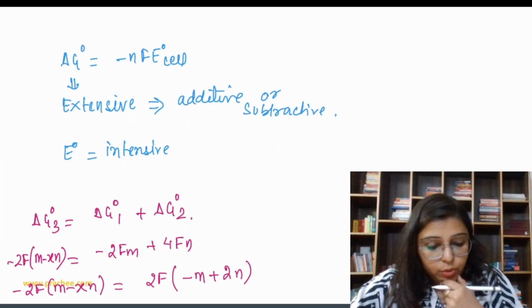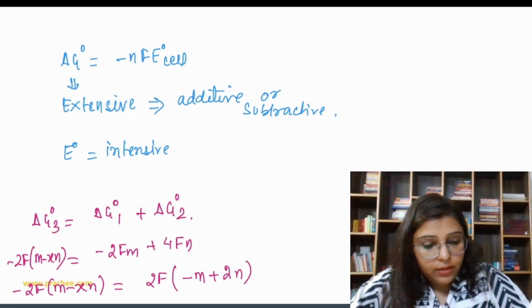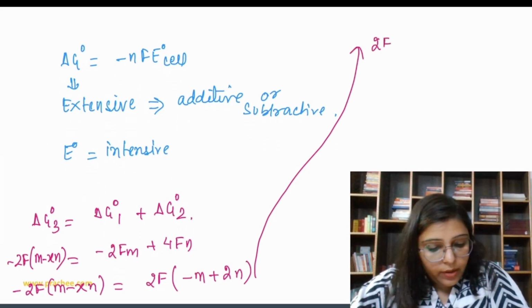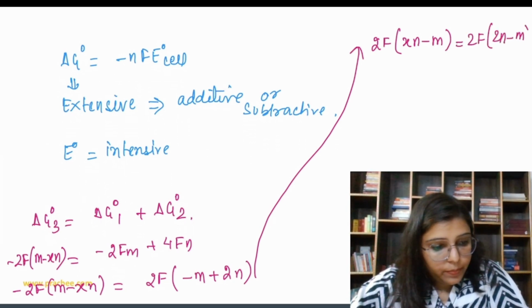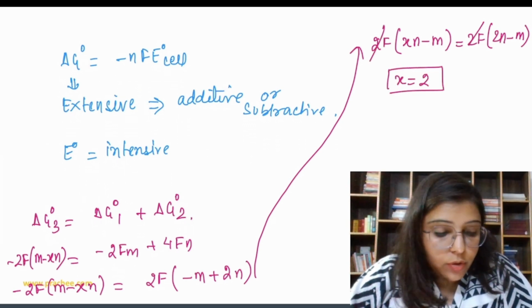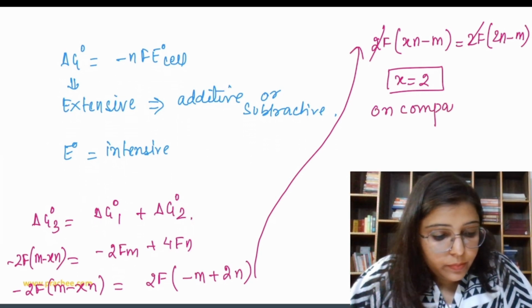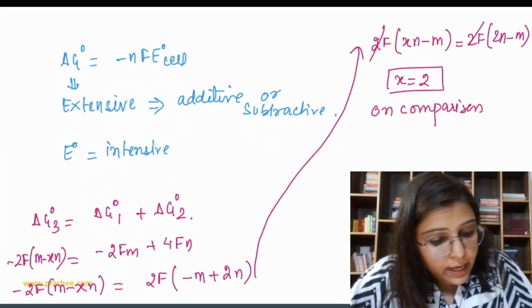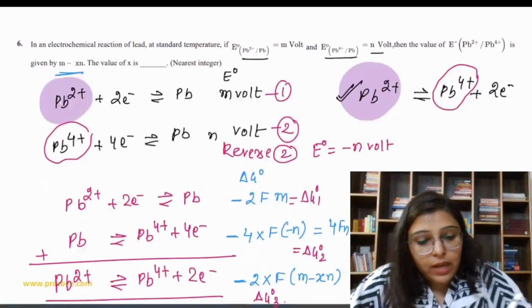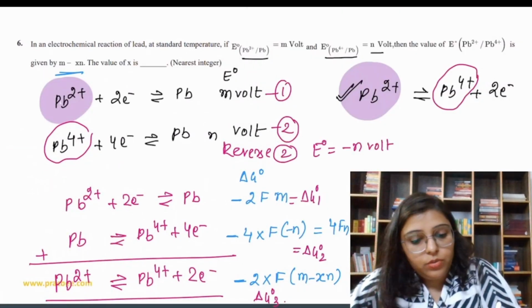Obviously, we have to do the comparison. We can write this as 2F(xn minus m) equal to 2F(2n minus m). On comparison, the value of x is equal to 2, because here x and here 2, rest is the same. So the answer is going to be 2.